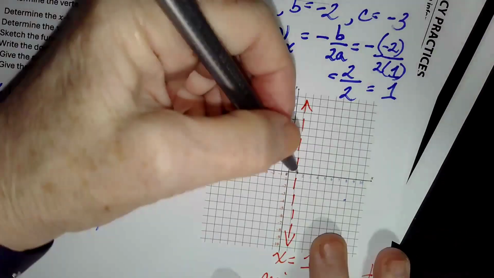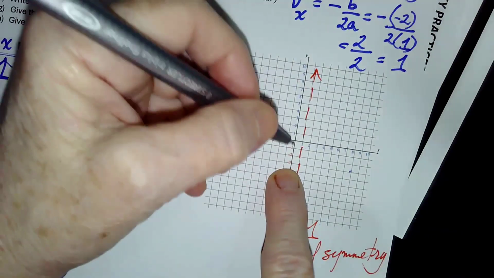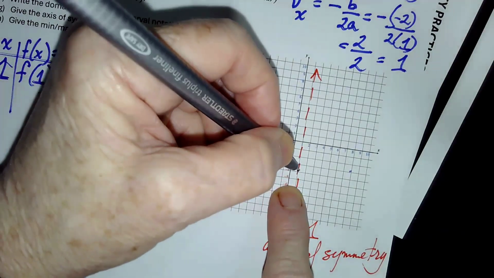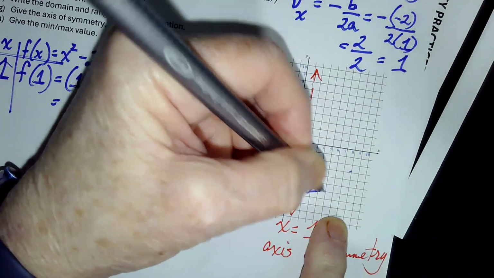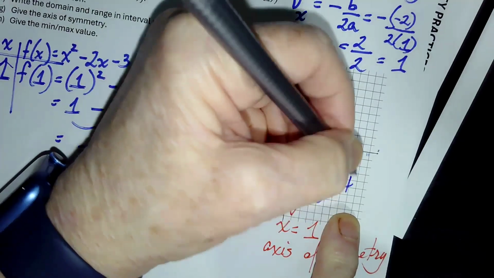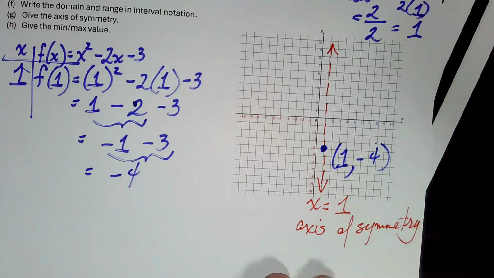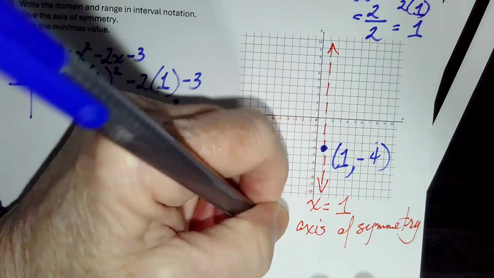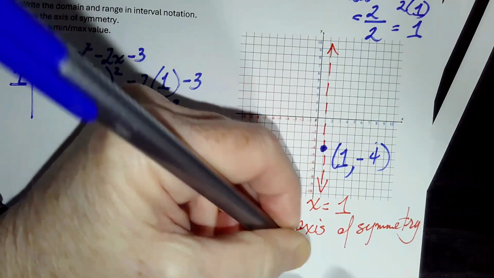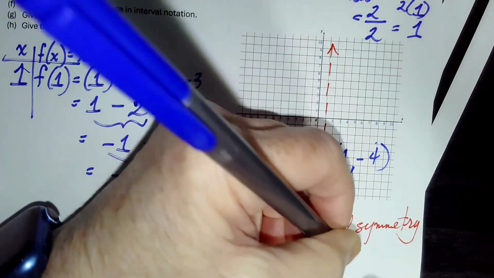And that means that the vertex is at 1 comma negative 4. So using the notation that we had from the vertex form, we would say that h is 1 and k is negative 4.